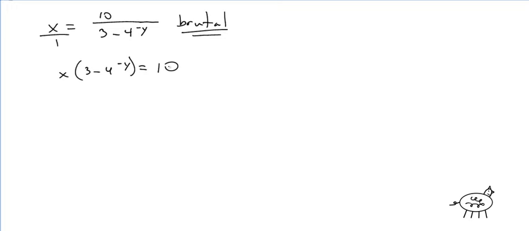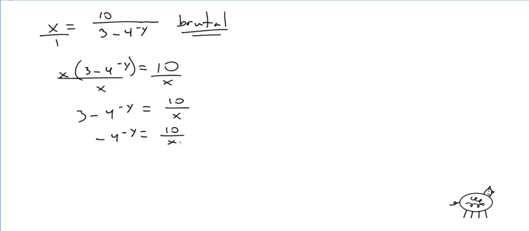Okay, and then I'm going to divide by x. So 3 minus 4 to the negative y equals 10 over x. I'm going to subtract 3, so negative 4 to the negative y equals 10 over x minus 3.